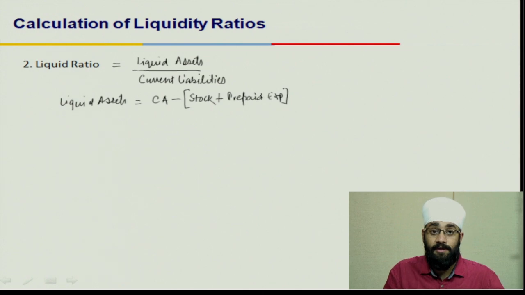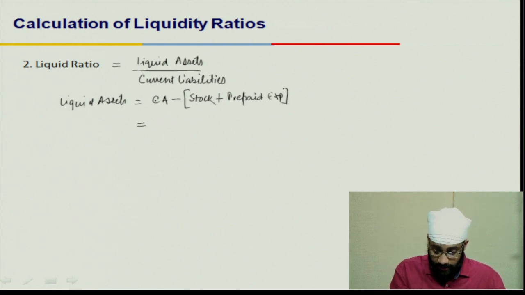And we have discussed the reason for this as well. Stock is not really sure to be converted into cash, and prepaid expenses is actually an expense incurred in advance for the future, and there is no more cash coming in from this particular item, although it is a current asset. So these two do not contribute to the cash of the business with real certainty. Therefore, we exclude these two from the current assets to find out the liquid assets.